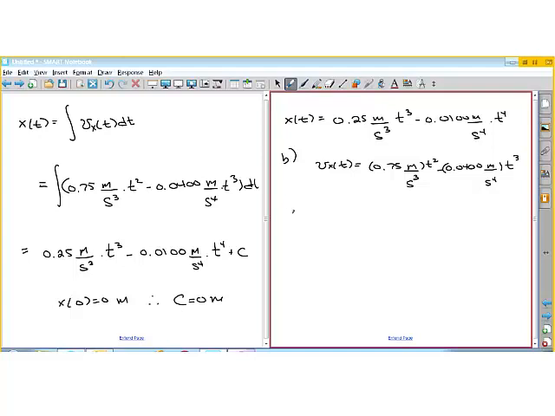Okay, so for the maximum velocity, what we do is we take the derivative with respect to time of v sub x of t, and we set that equal to 0. So we're looking for a maximum.